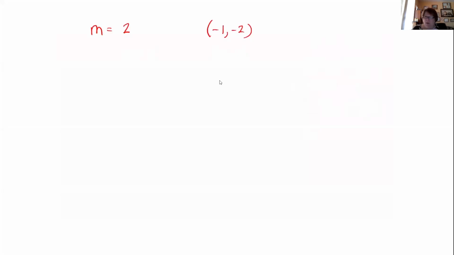Okay, so we were given a blue line whose slope was 2. So this was our blue line. So the slope of the line that I'm interested in finding is going to be -1/2. So the negative reciprocal.